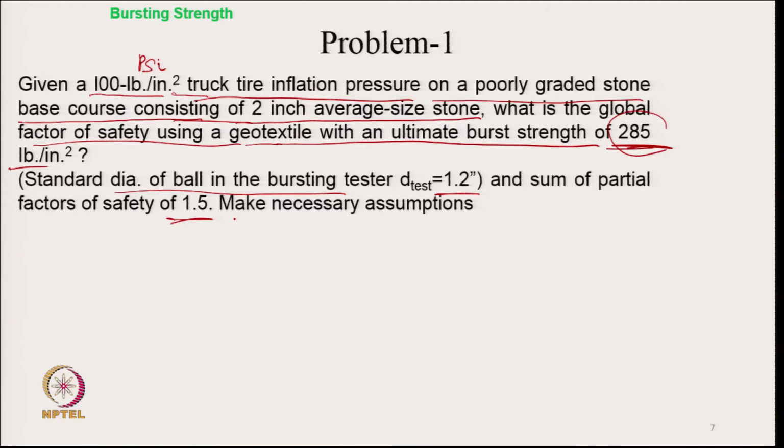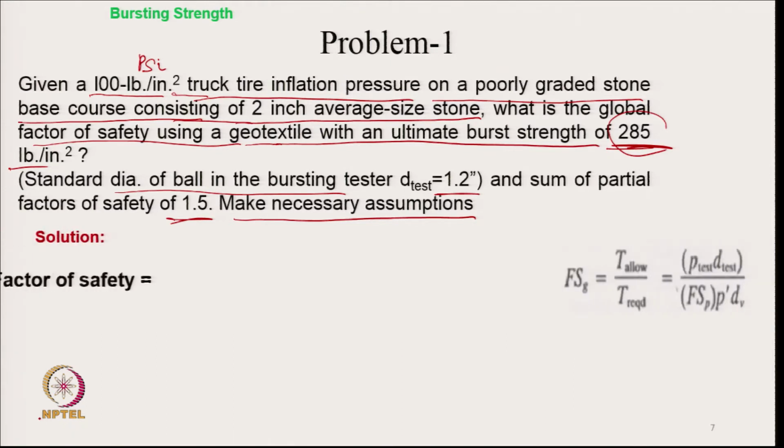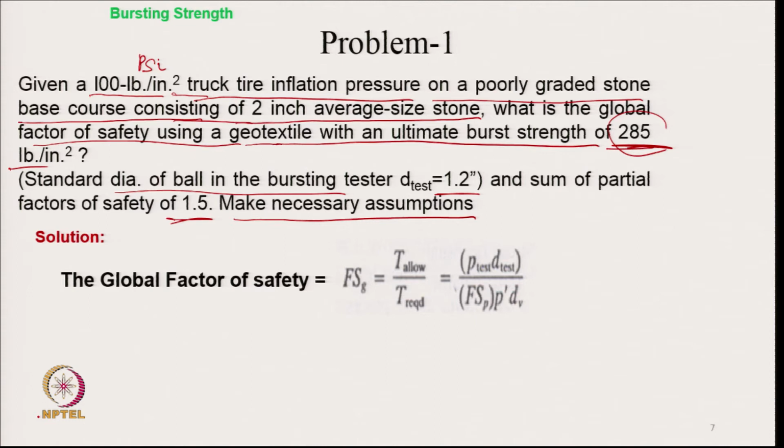Here it is written make necessary assumptions. So, we will make some necessary assumptions which are actually reported in the literature. The assumptions I will discuss. So, for global factor of safety we will use this equation which we have discussed earlier.